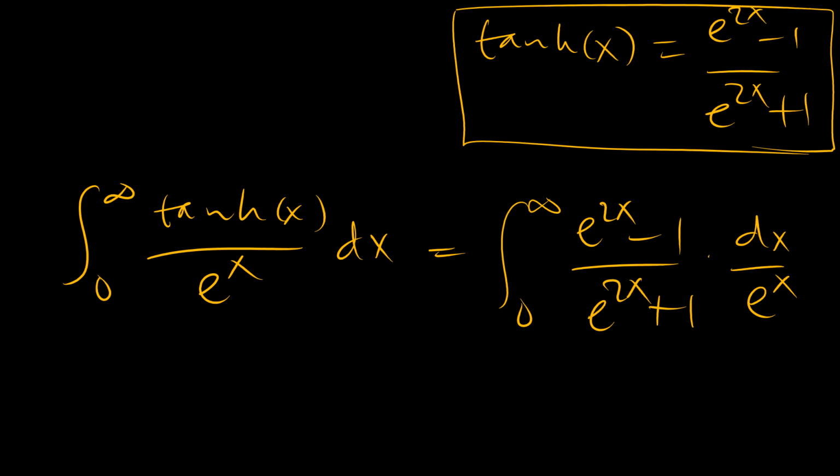We could do a couple of things. Since I see e to the x squared plus 1 in the denominator, I could substitute directly with tangent theta, and that actually works. Or I could use u. So I think let's go with u.